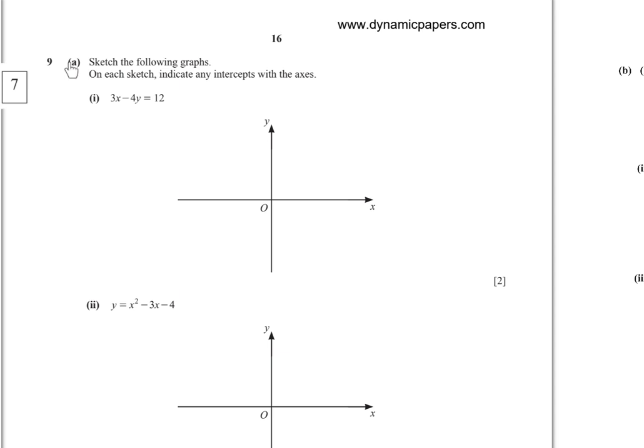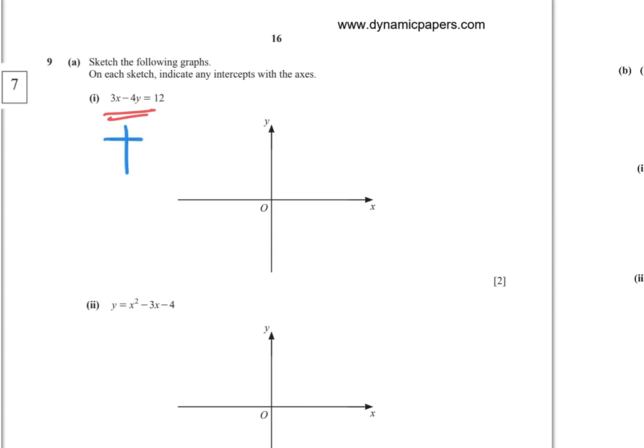Number 9, 9A, sketch the following graphs. On each sketch, indicate any intersection or any intercepts with the axis. 3x minus 4y equals 12, this linear equation is represented by a straight line.